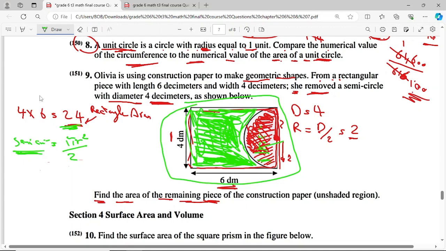The area of the circle is pi r squared, so the semicircle is pi r squared over 2. The radius is 2 decimeter, so it will be pi multiplied by 2 multiplied by 2, divided by 2. So the semicircle area will be equal to 2 pi.